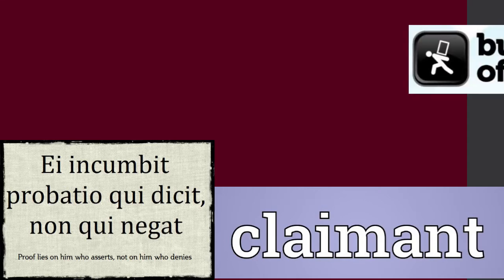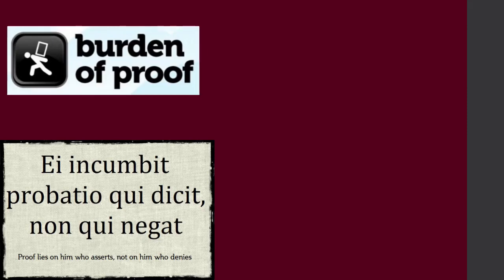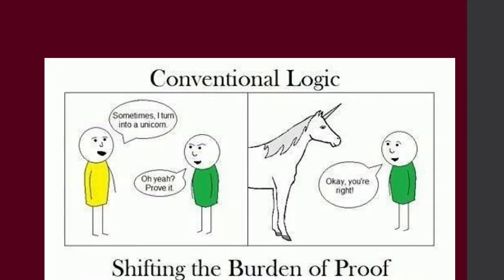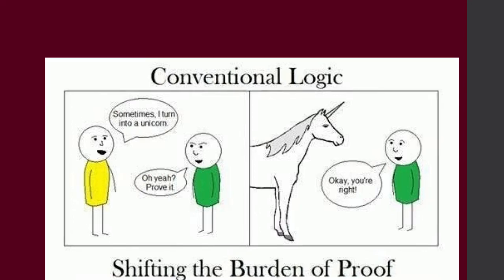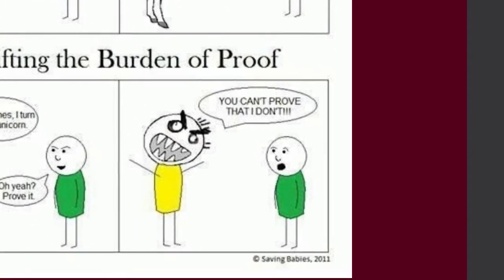She is the claimant, and so is obligated to prove that claim. It is not the responsibility of others to disprove the claim. So, anytime you make an original or positive claim, it is your obligation to prove that claim.